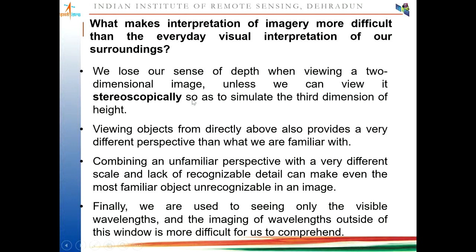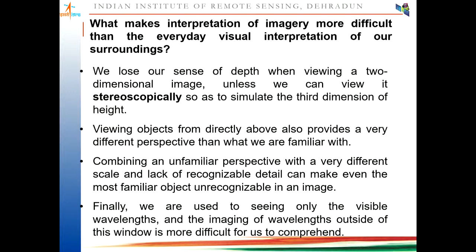It's an unfamiliar perspective from which we are looking at it. So you have to imagine what the feature would look like when viewed from only the top. Then combining an unfamiliar perspective with a very different scale and lack of recognizable detail can also make very familiar everyday objects unrecognizable in the image.